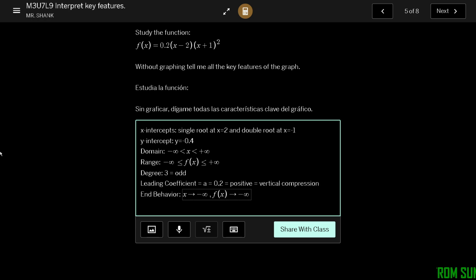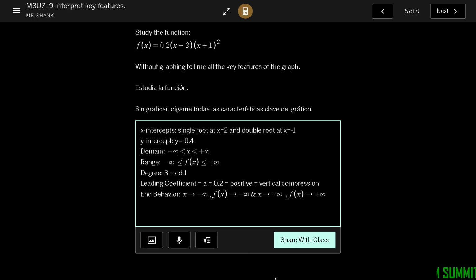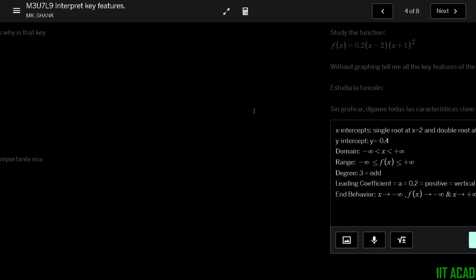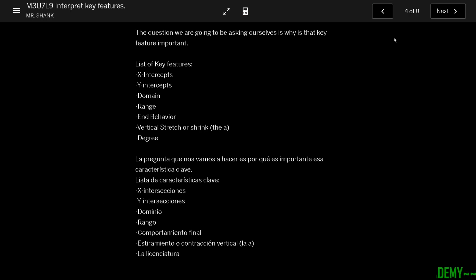Then I say x goes to positive infinity, comma, f of x or y, if you want to write y, goes to positive infinity. There. All right, so that's our end behavior. I'm just saying what our directions are. And let me see if there's anything else I need. Degree, end behavior, shrink. No, that's everything.